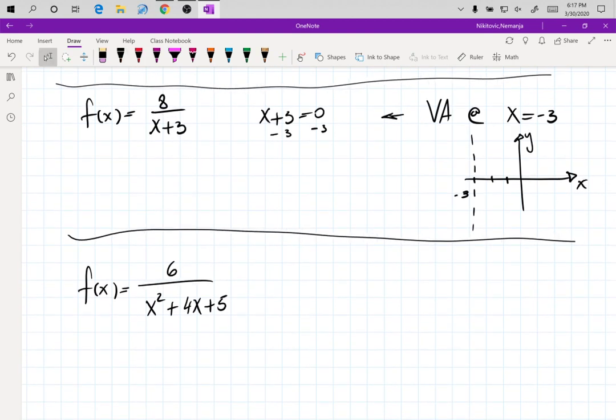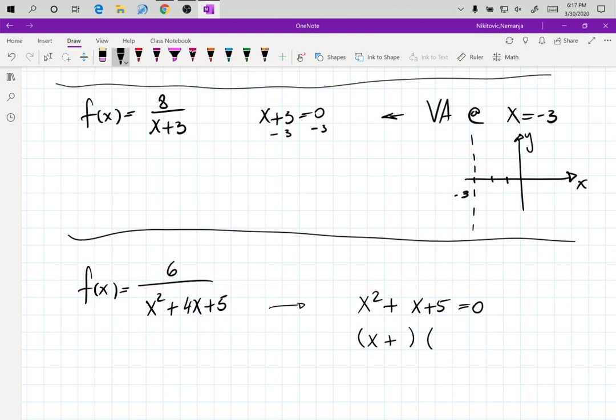Right? In this case, you are going to have x squared plus 4x plus 5 equal to 0. And we're going to factor it to x plus 4, x plus 1. No, lies. I have this backwards, right?